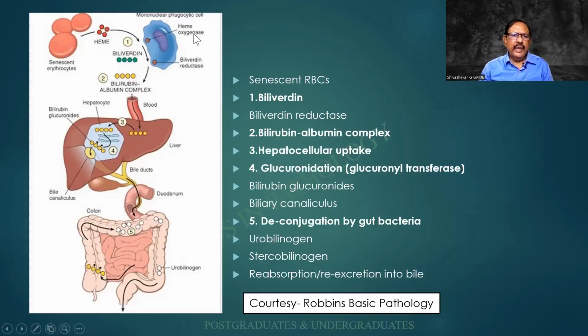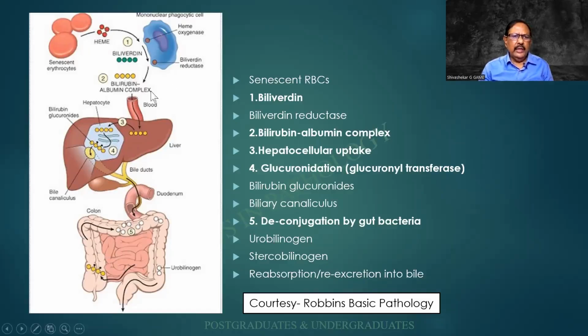This is because of the enzymes heme oxygenase and biliverdin reductase. After this, the complex becomes more soluble, and is able to enter the blood and the hepatocytes, wherein you have the bilirubin glucuronides.